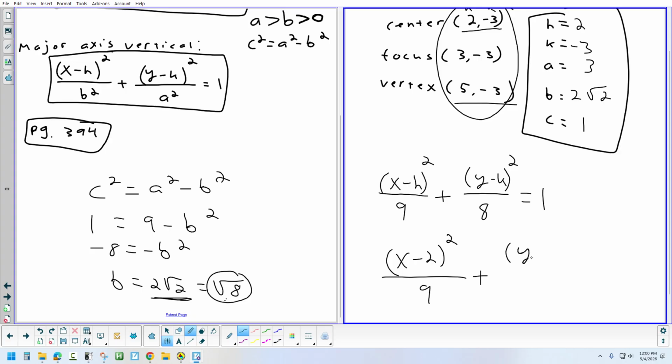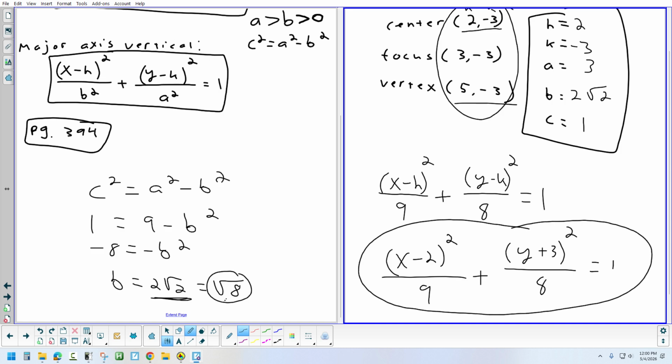Gonna become addition, yep. So y minus -3. And that's what you want to write. Don't forget to fill in for h and k. Any questions on that? That's it.